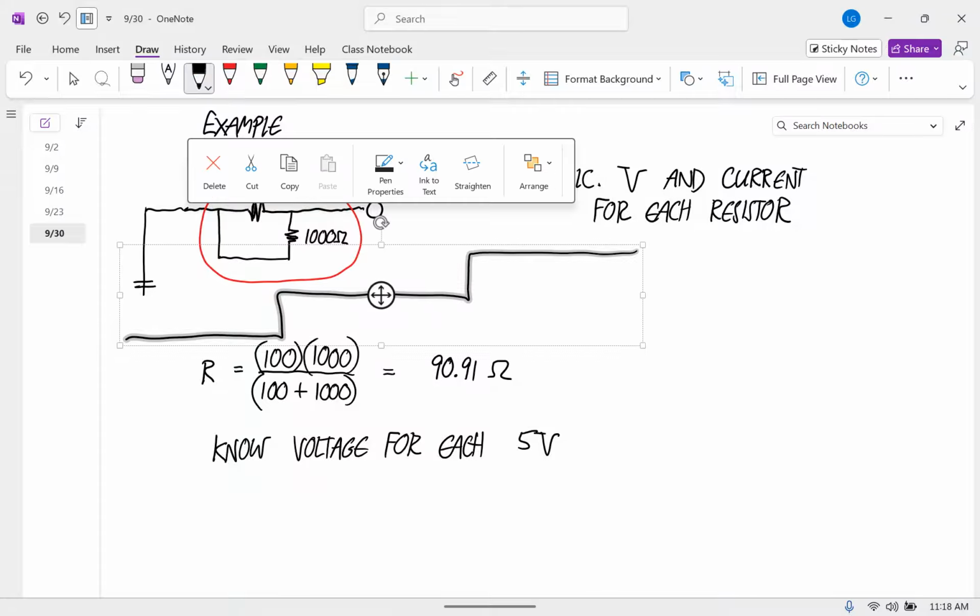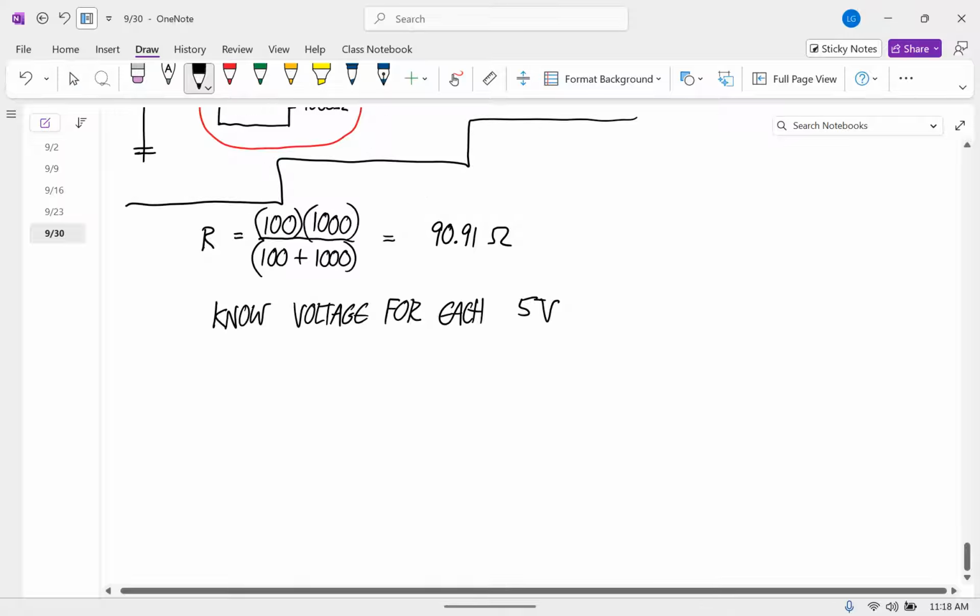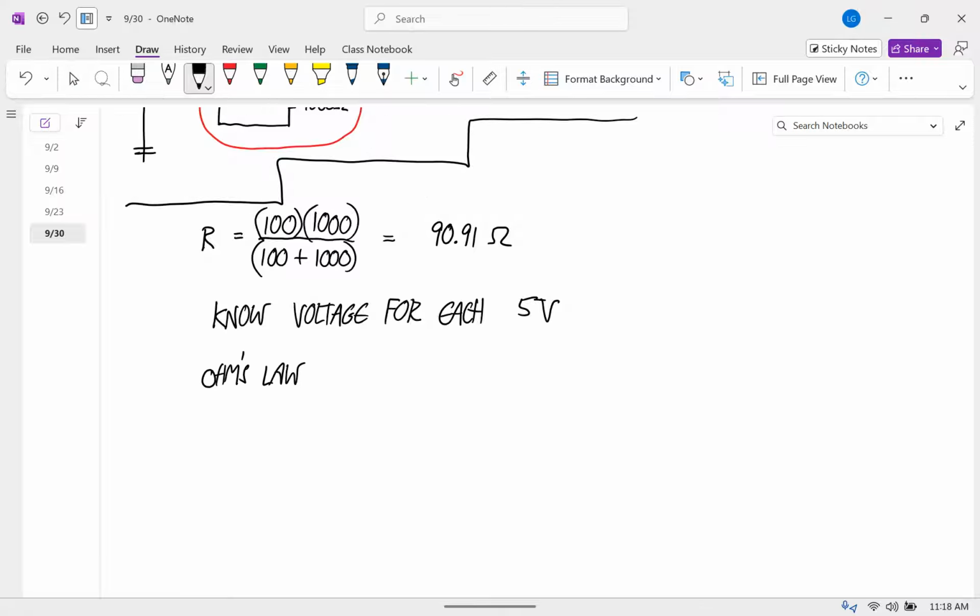Then we can use Ohm's law for the 100. 5 is equal to 100 times the current. So 5 100ths, so I is equal to 0.05 amps.